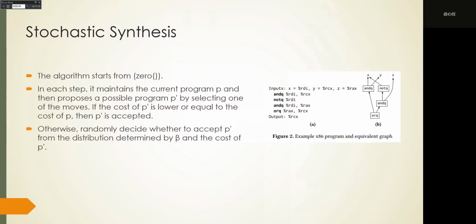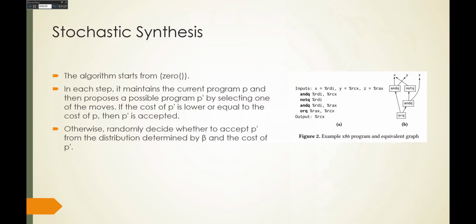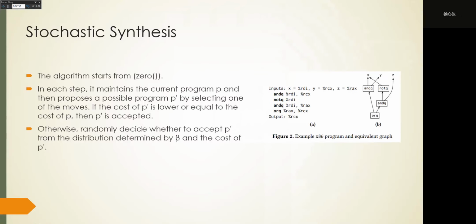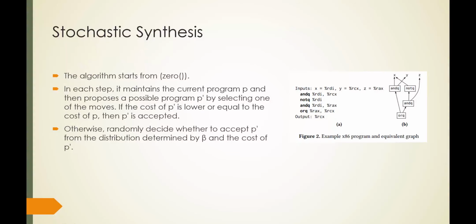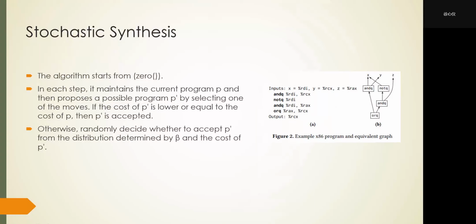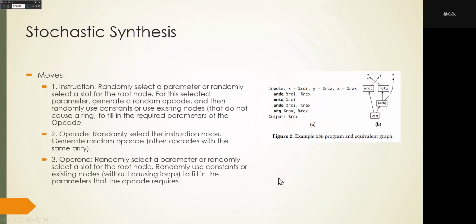In this function, they introduce a variable named beta. Beta is proportional to the probability of accepting a solution that is not optimal.